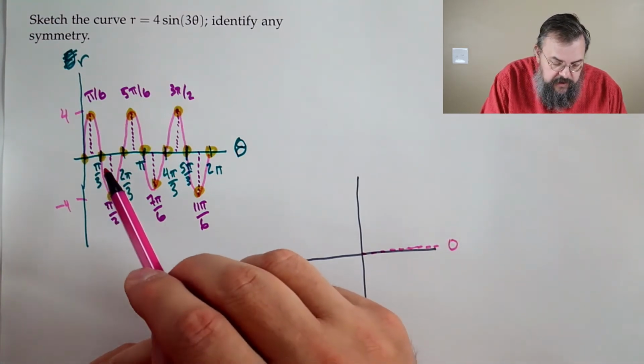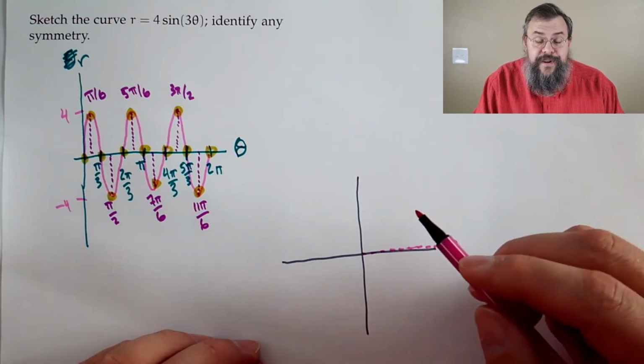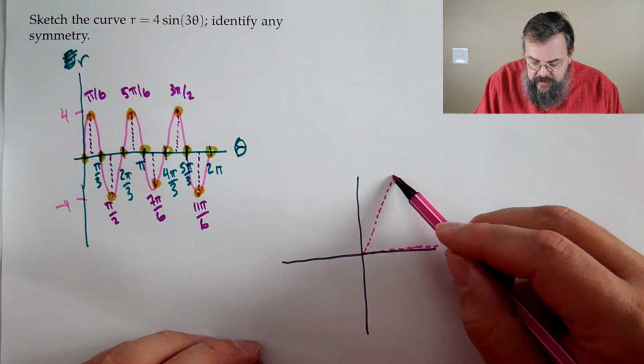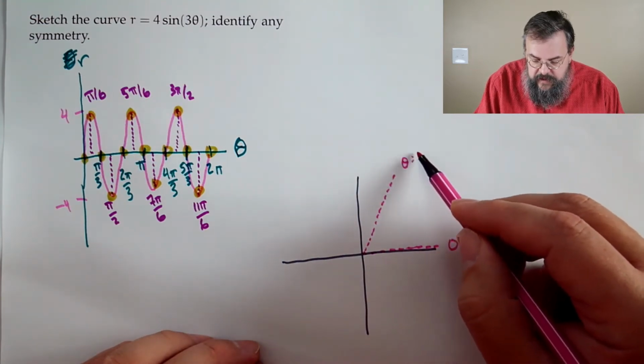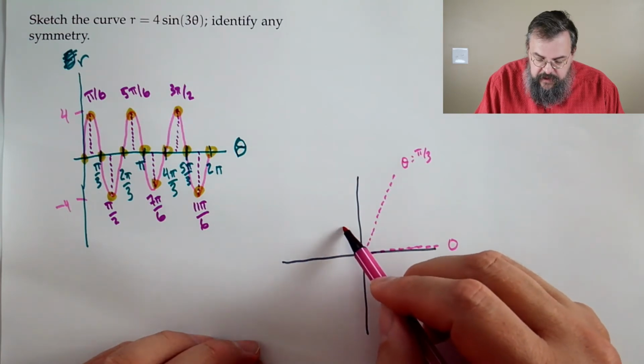And where's our next one? Pi thirds. Pi thirds, by the way, also known as 60 degrees. 2 pi thirds, also known as 120 degrees.